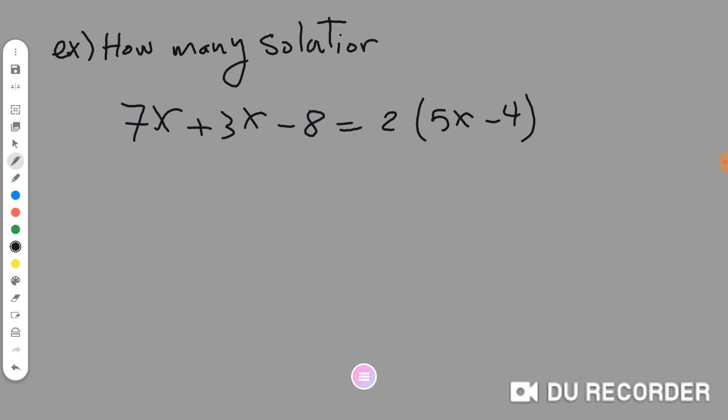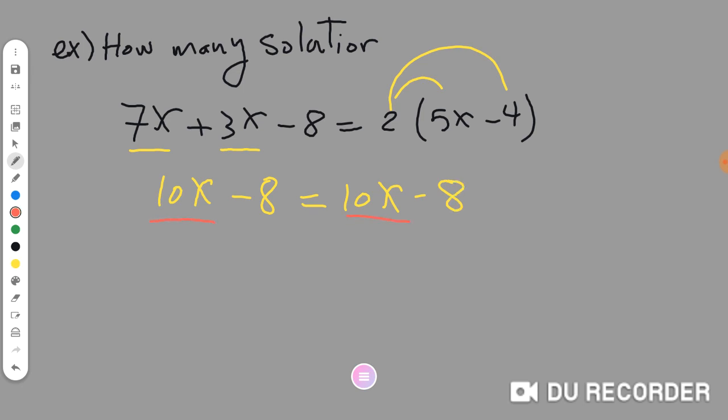Let's solve this equation. On the left-hand side I have like terms, so I add them, and on the right-hand side I use the distributive property to multiply. Now, collect like terms: 7 plus 3 is 10, so 10x minus 8 equals 2 times 5x, which is 10x, and 2 times negative 4 is negative 8. Can you see something?